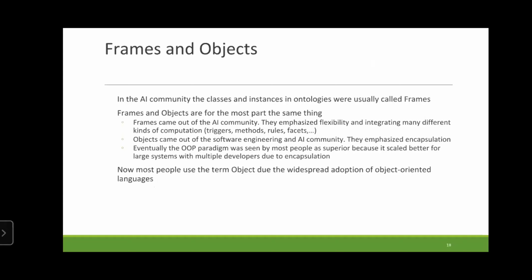Frames came out of a community that was interested in psychology, in the way people thought, and based on research by people like Roger Schank, who looked at even very simple problems like when someone goes into a restaurant, what are the things that they know how to do?